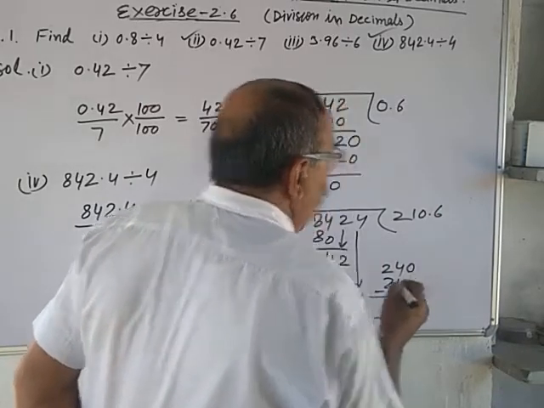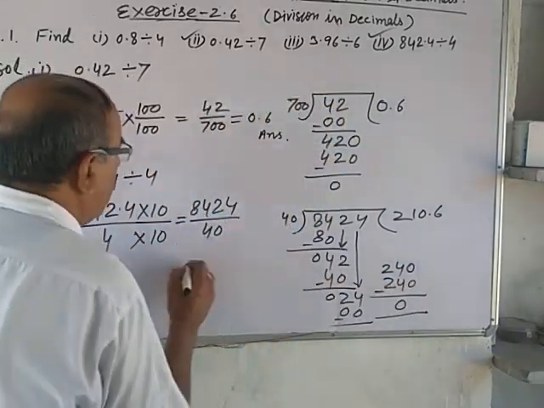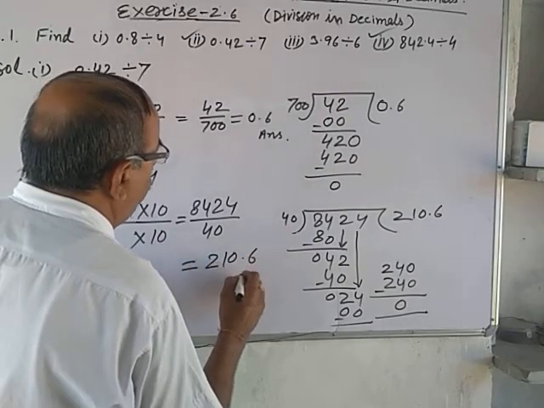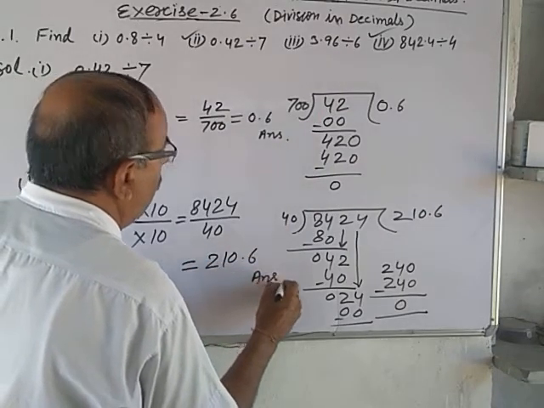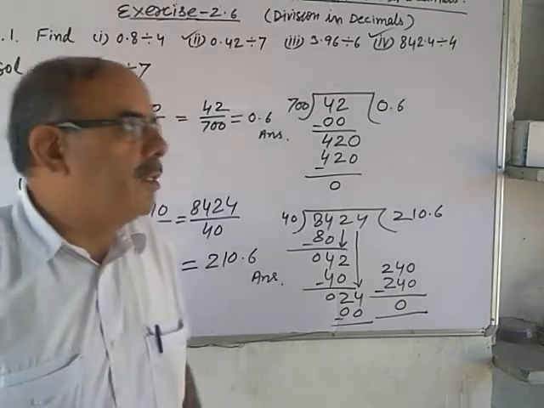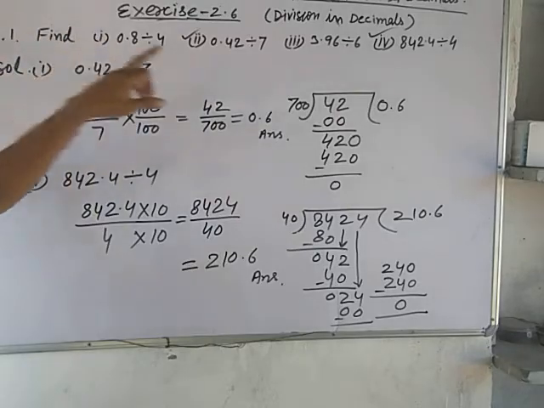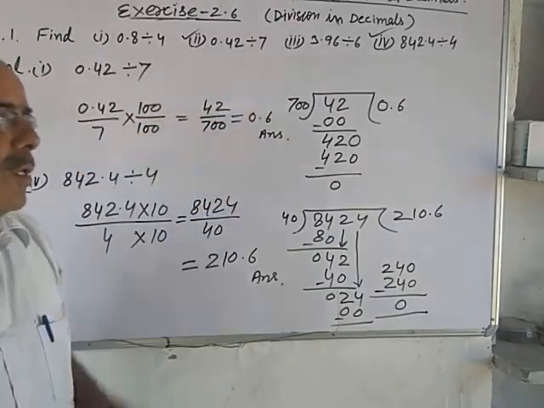Remainder is 0. Then the answer is 210.6, that is the answer. This is the solution of question number first, part second and fourth.